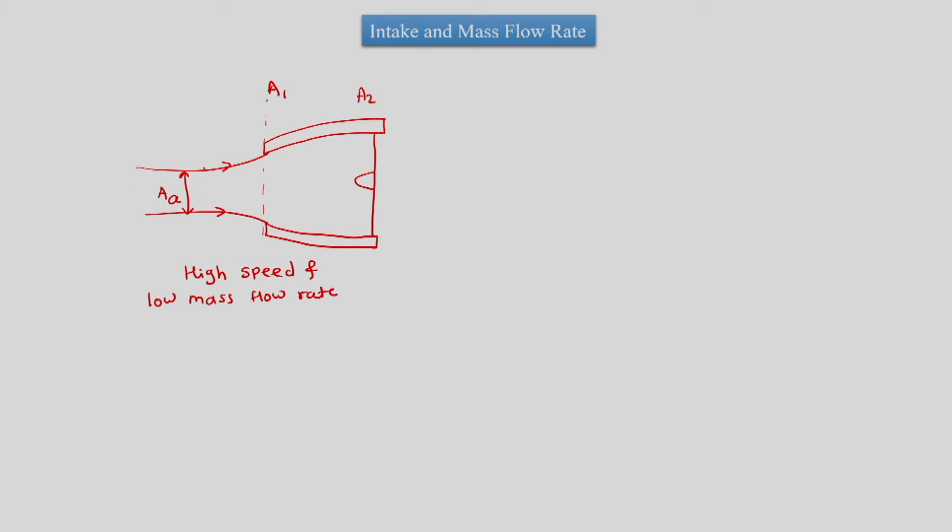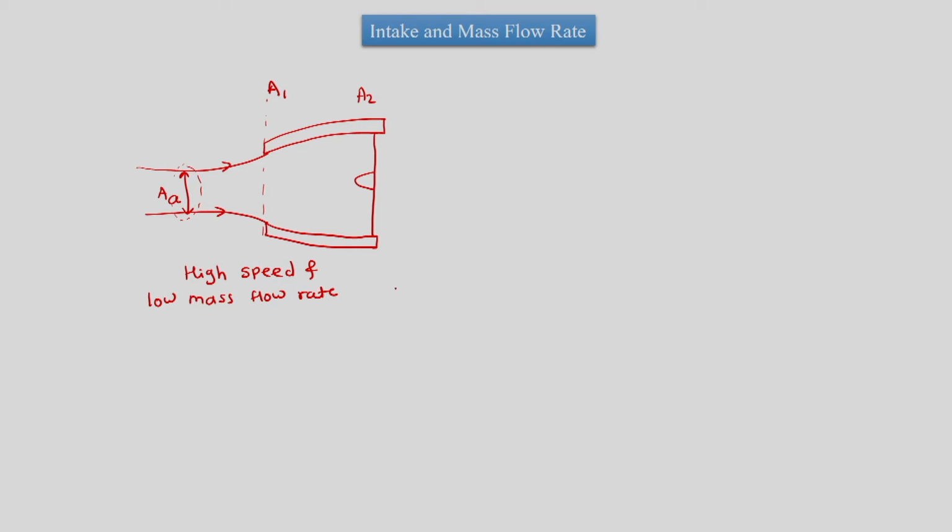So, a streamline is approaching the intake, and we are considering a streamline which will hit the lip of the intake, and this is the minimum area between the two streamlines which are hitting the lip, so this area we are calling the captured stream tube area, and this area is minimum.